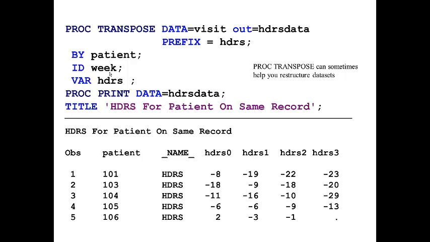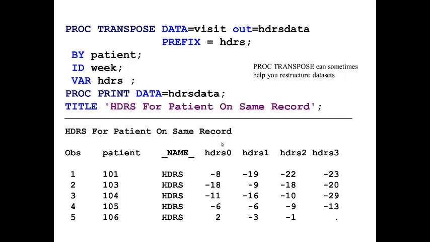Remember, week goes 0, 1, 2, 3 to create a new variable, HDRS0 for week 0 Hamilton Depression Score, HDRS1, which is week 1, and so we're actually transposing the data set so that instead of having patient 101, week equals 0, HDRS equals -8, we've transposed it and created this new variable, and this is all done with the transpose procedure.